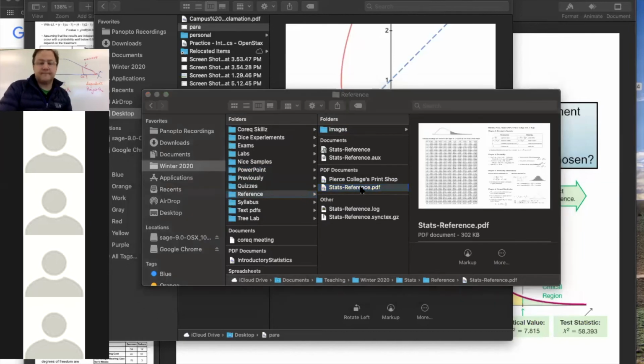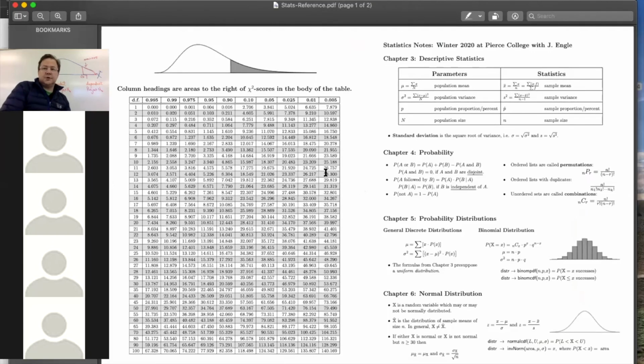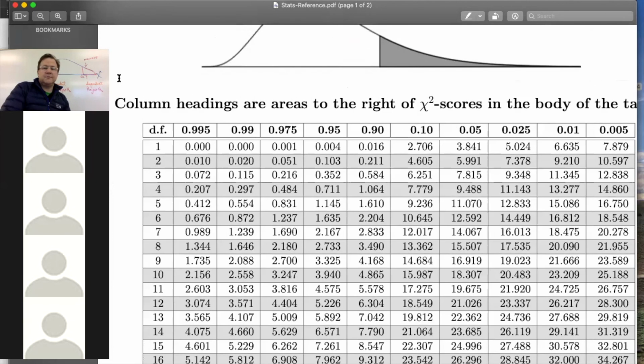There it is. So here's your cardstock, and as you can see in our example, we have 3 degrees of freedom. I want the area to the right to be 5%, and column headings are areas to the right. So I'm going to be interested in this column right here, and with 3 degrees of freedom, that's my critical value.